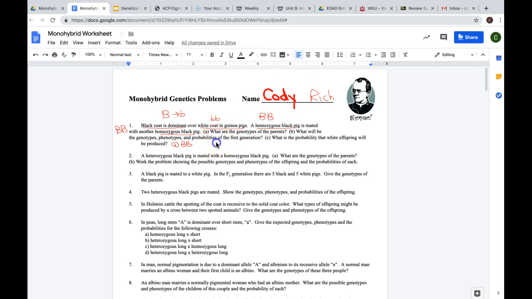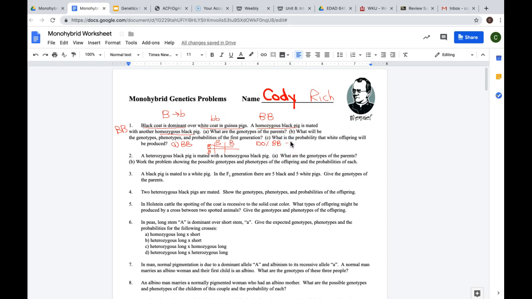Well, if we set up a Punnett square here, this is really easy. You could do this without setting up a Punnett square, but everything is dominant allele. So the genotypes would be 100% big B or homozygous dominant.